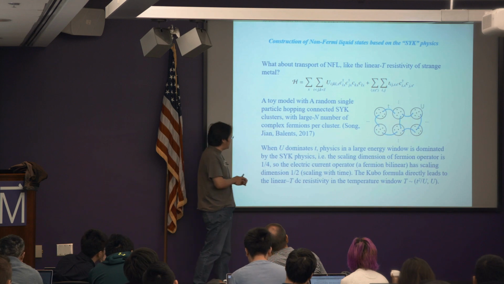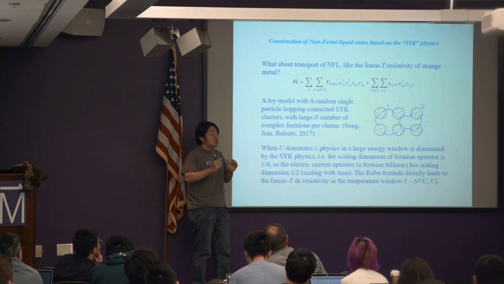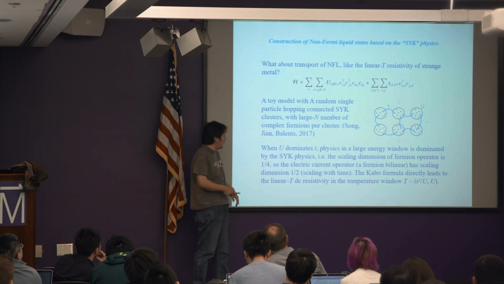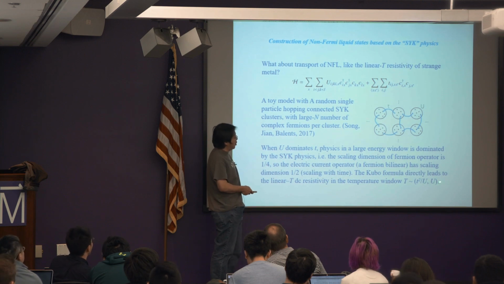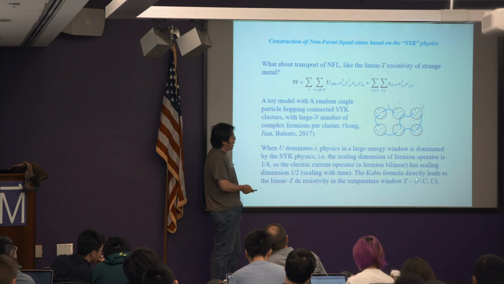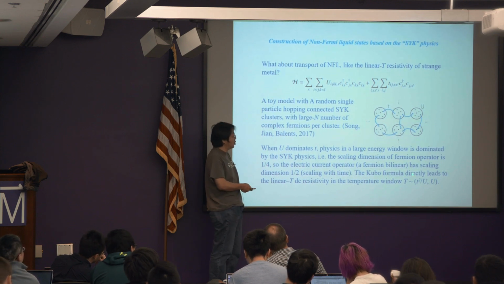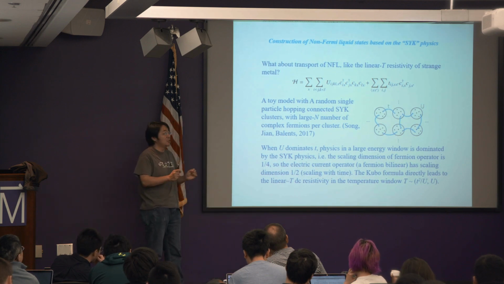So this linear T resistivity only applies to a finite energy window, a finite temperature window. Specifically, in this paper they show that it applies below U, which is the energy scale of the fermion interaction, and above T squared over U. Within this temperature window, we are supposed to see a linear T resistivity.